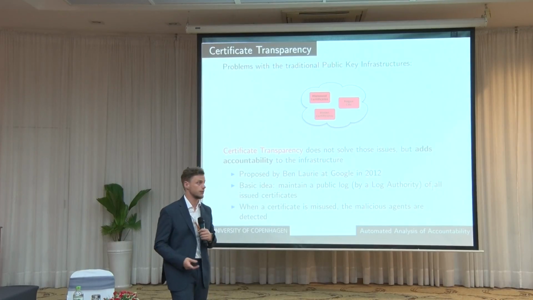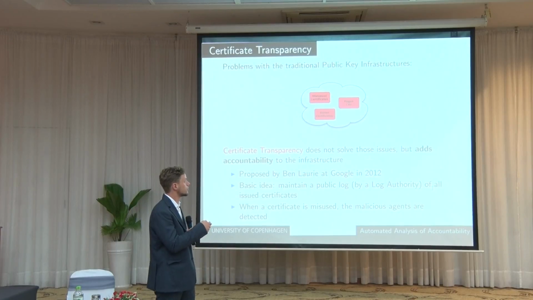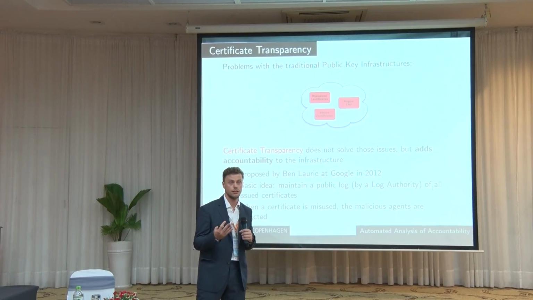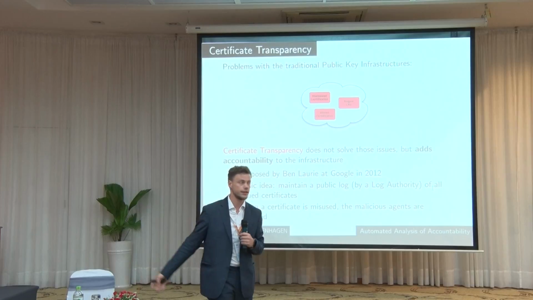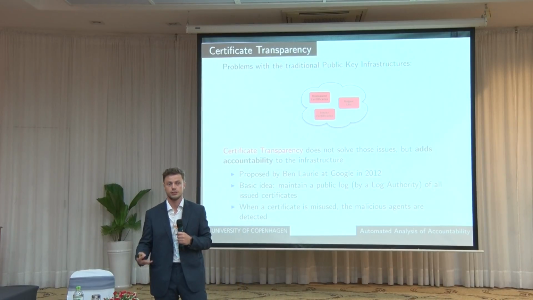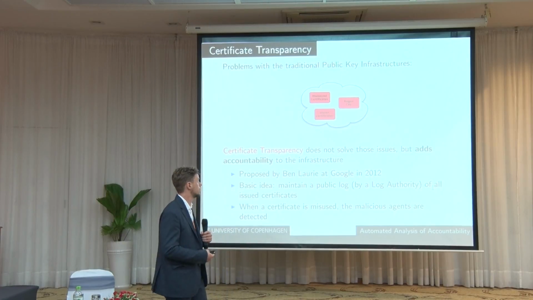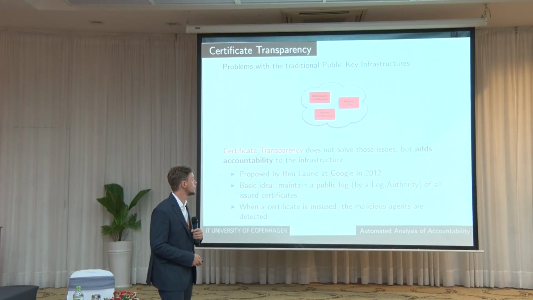So this kind of stuff can happen if you are in the system. It can happen because the certificate authority just gets tricked by some malicious entity who wants to read somebody else's data. Or it can happen because the certificate authority itself is misbehaving. So it's a rogue CA who is colluding with some government or I don't know who.